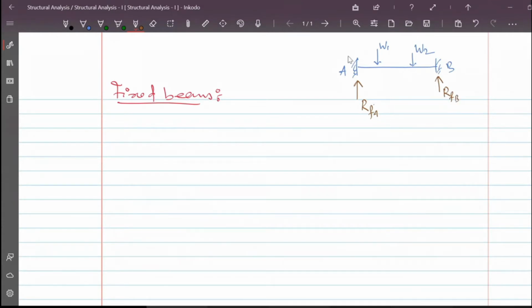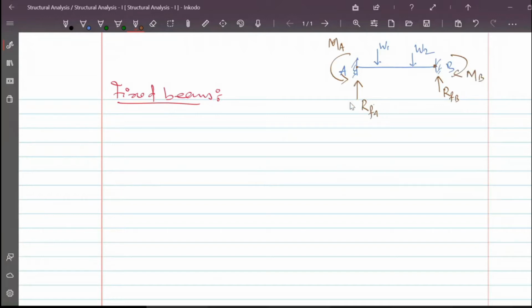Now let us say we have the moment generated at A in the anti-clockwise direction. Let us say I am taking the center as A. So the moment generated at A due to the fixed end is MA, and at B, let us say we have the moment as MB.